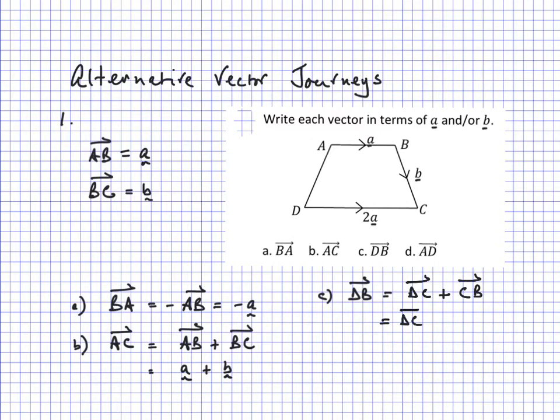DC is fine, but look, C to B, we're going against the arrow. So CB can in fact be written as minus BC. DC is 2a, and minus b.